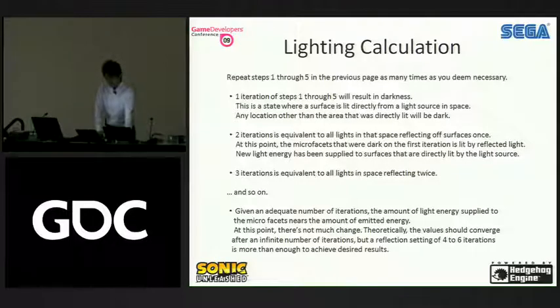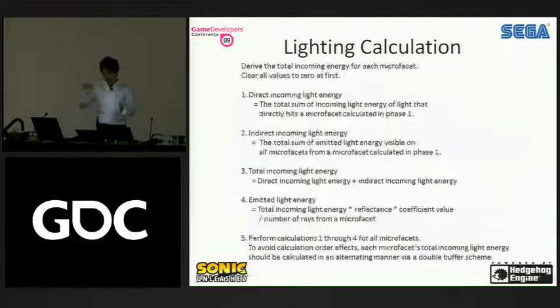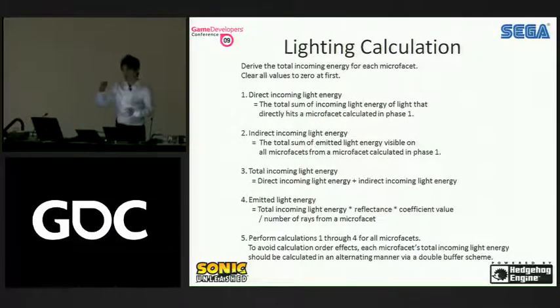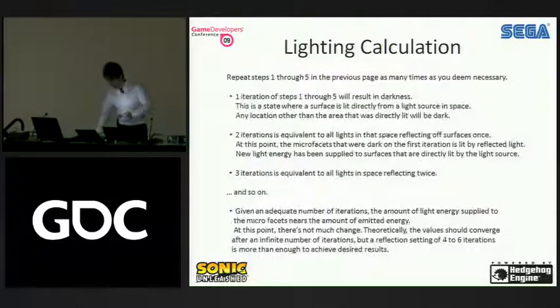One iteration of steps 1 through 5 will result in darkness. This is a state where a surface is lit directly from a light source in space. Any location other than the area will be dark. 2 iterations is equivalent to all light in that space reflecting off a surface.